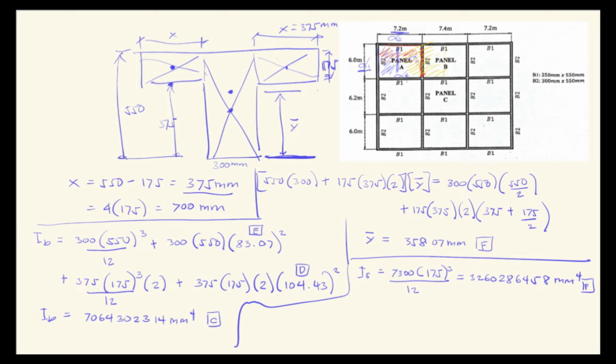Store it in B, so that alpha 3 would be equal to 2.167.